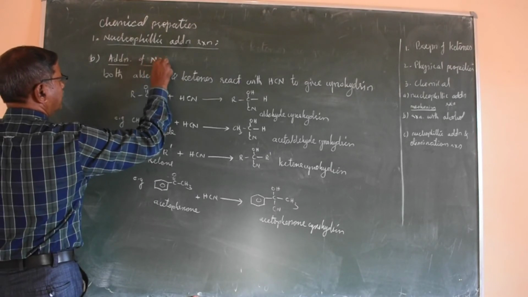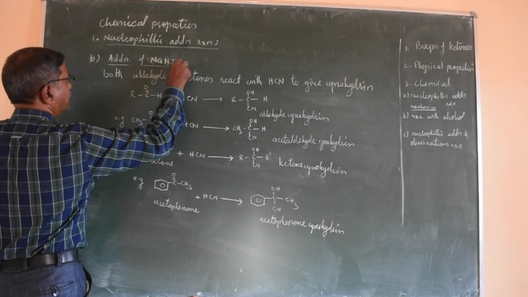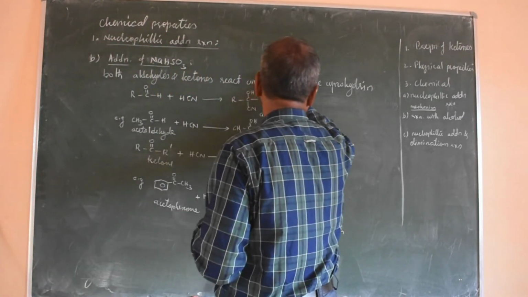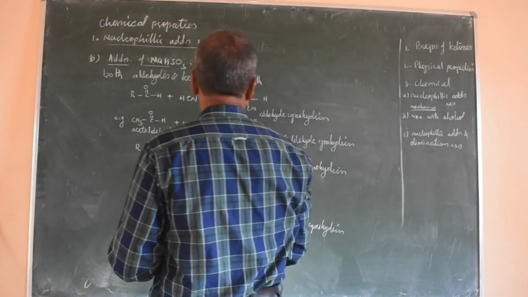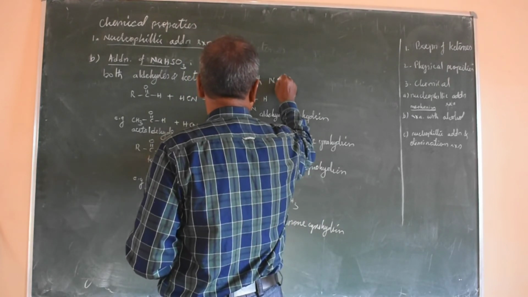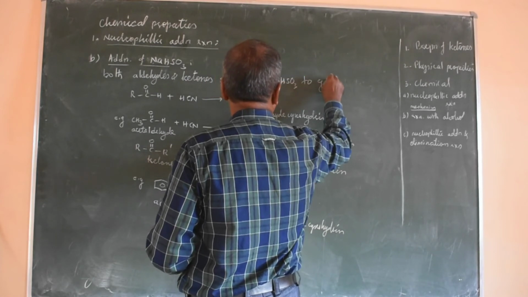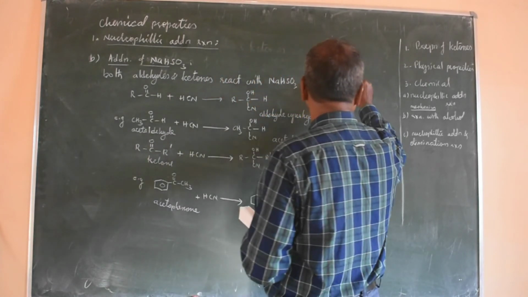So, addition of NaHSO3. Both aldehydes and ketones react with NaHSO3 to give a bisulfite compound.